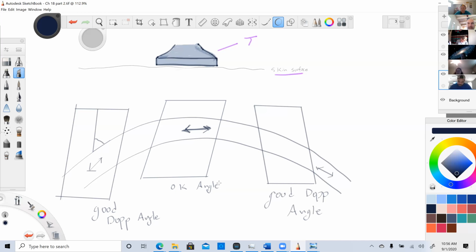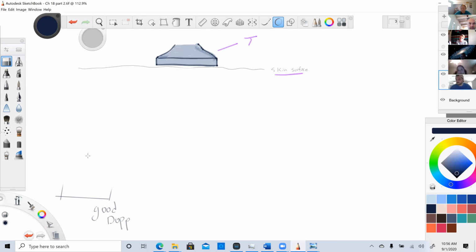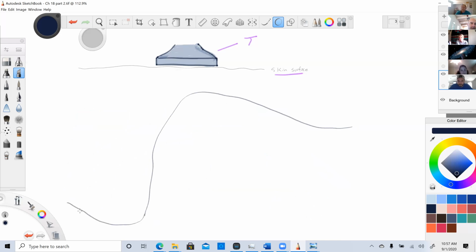This stuff like this actually can happen, and this is the ideal angle right here. Let's say a vessel's coming along here, and then it dives straight down, and then turns off like this.